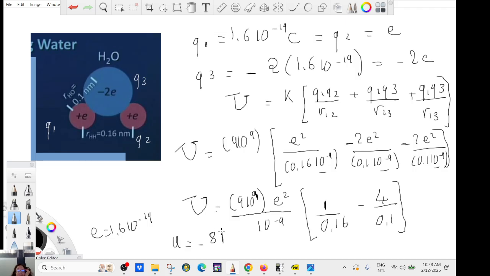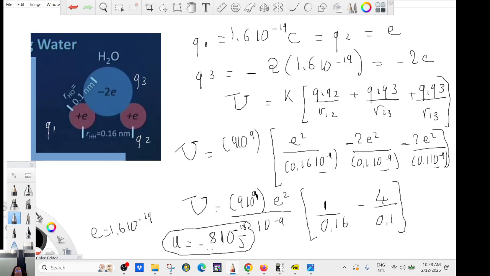So I did something wrong. So minus 18 joules. Okay. Maybe it's a 1.6. I don't know. But that's the answer. And the potential energy is negative. It means it's bound.